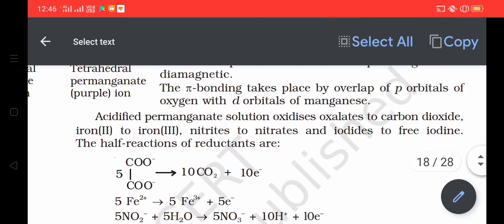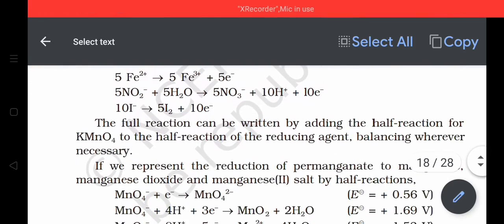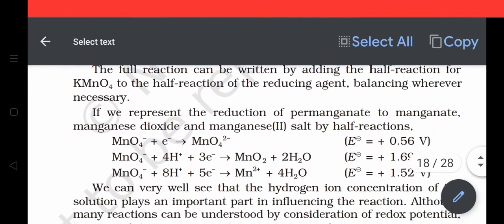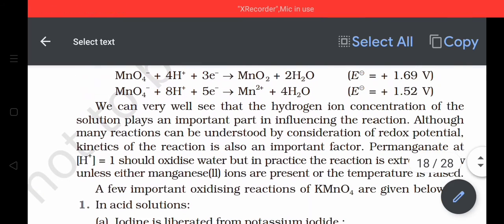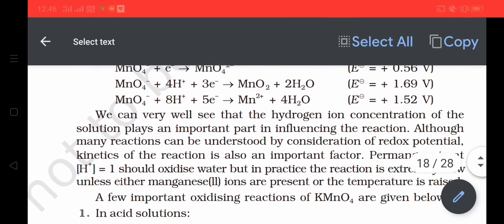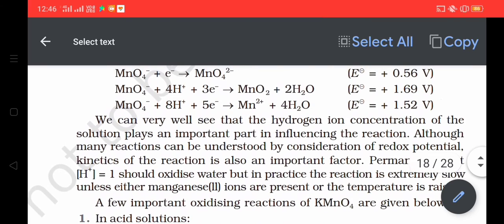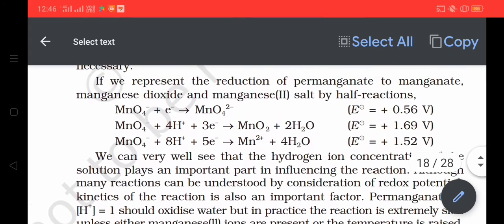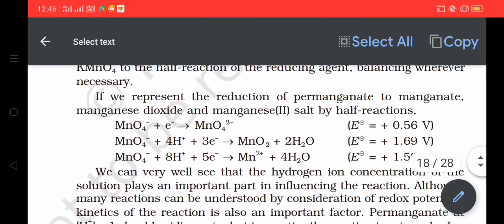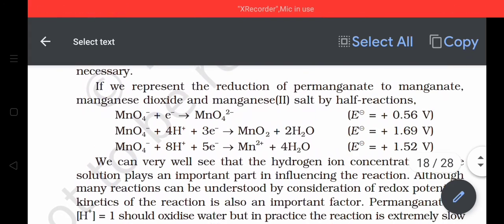Now again, how to balance the equation? To balance the equation, we have to first learn a very important equation, that is the third one. MnO4 negative plus 8H positive plus 5 electrons get converted into Mn2 positive plus 4 water. Here different equations can be written.